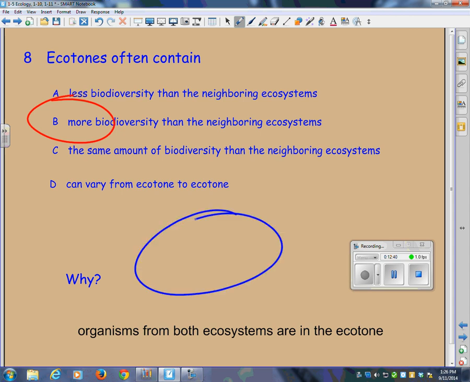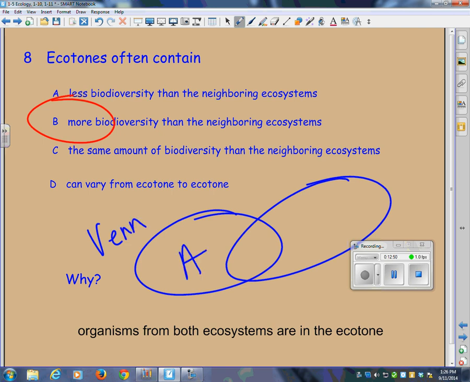You guys have seen these kind of diagrams in math class before? What kind of diagrams are those, do you know? Yeah, exactly. Good, well done. Venn diagrams, right? So there's ecosystem A and ecosystem B, and this here is called the ecotone. And so the little deer, the little animals, wander around, they're in the ecotone.